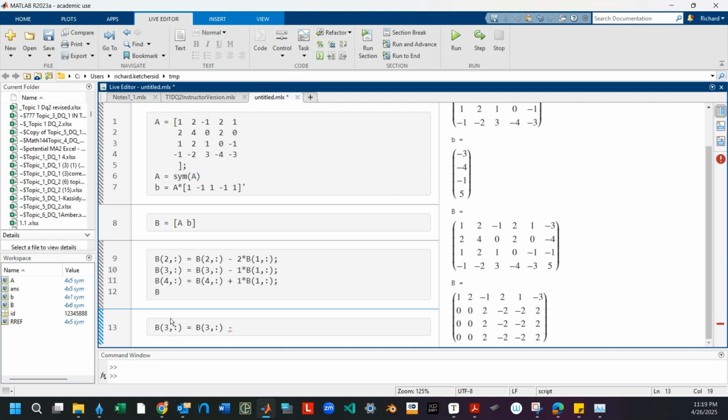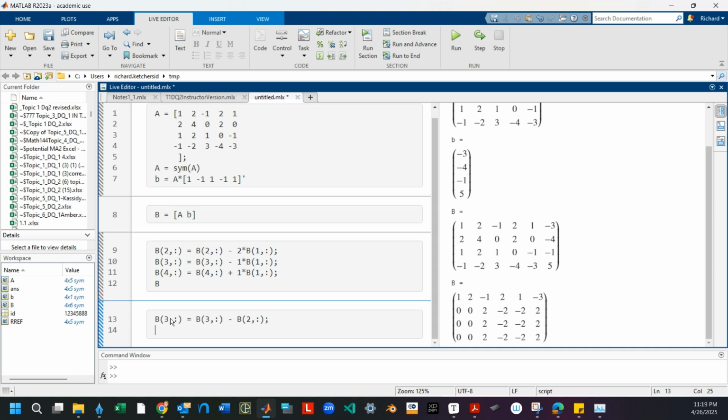minus row 2. By the way, there are cleaner ways of doing what I'm doing here too. I'm just doing the very most brute force way. Same thing.